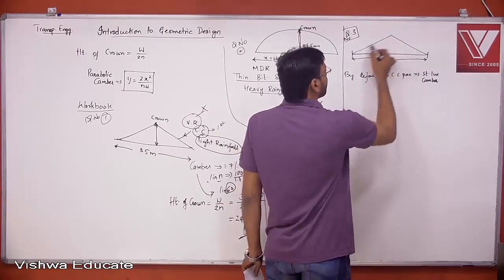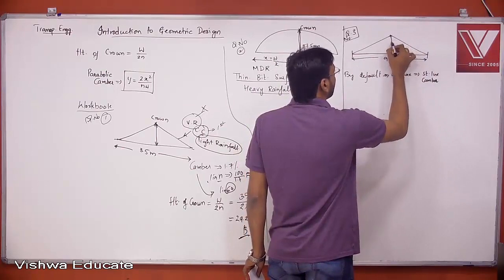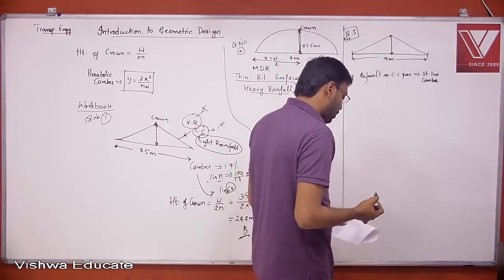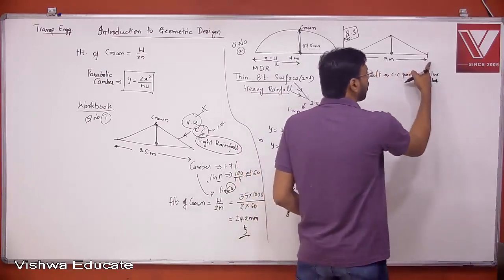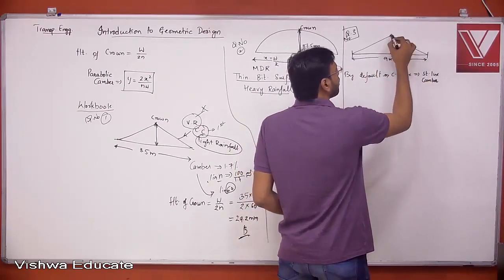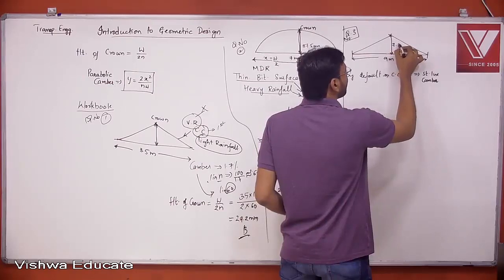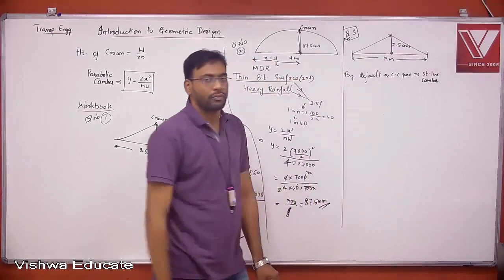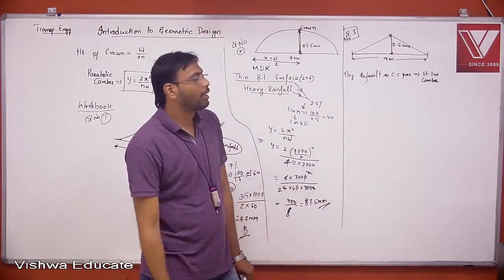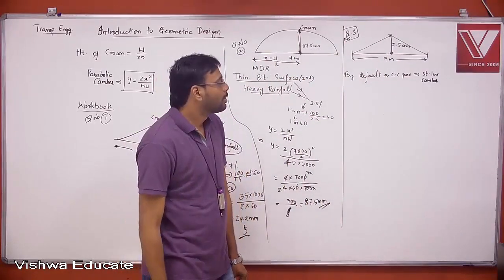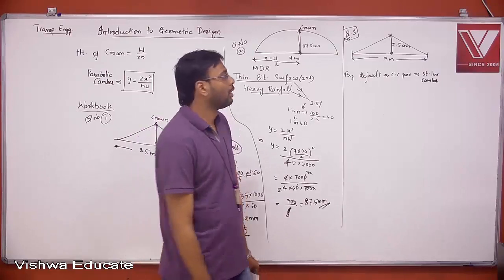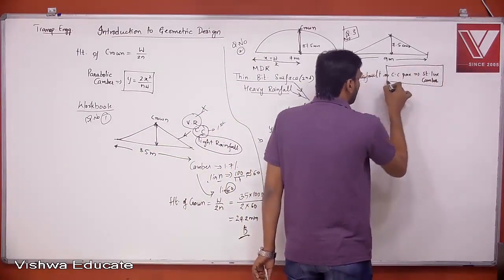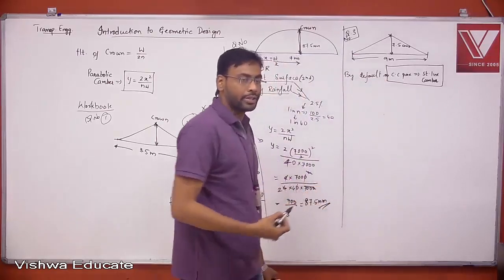So I have drawn a straight line camber, and he has given that the difference in elevation between the edges of the pavement of width 9 meters and its crown is 7.5 centimeters, and we need to calculate the camber here, right? So simple one. The only thing to be known is that by default CC pavement means a straight line camber.